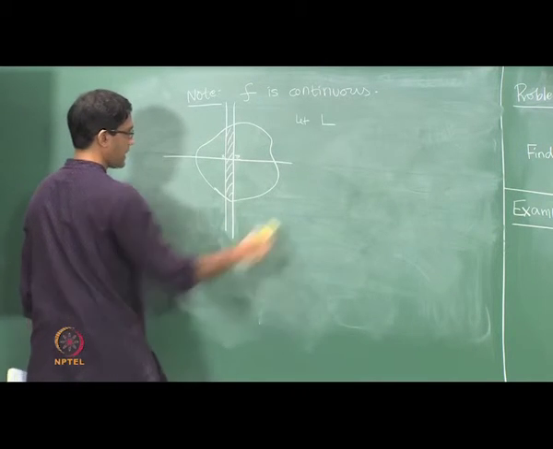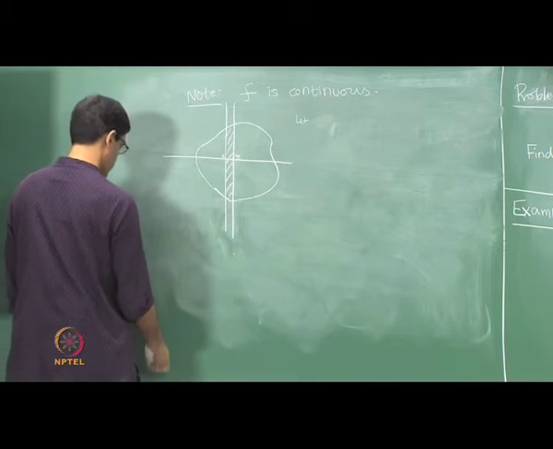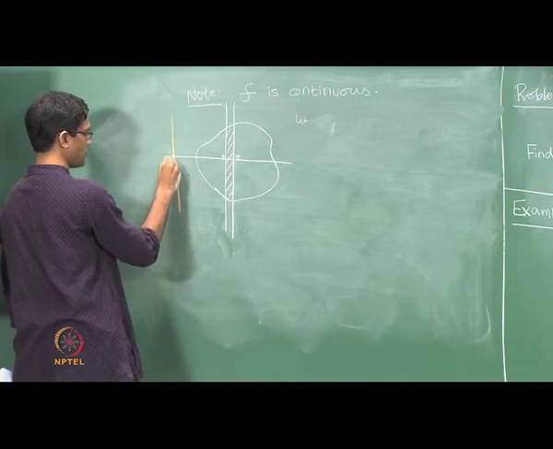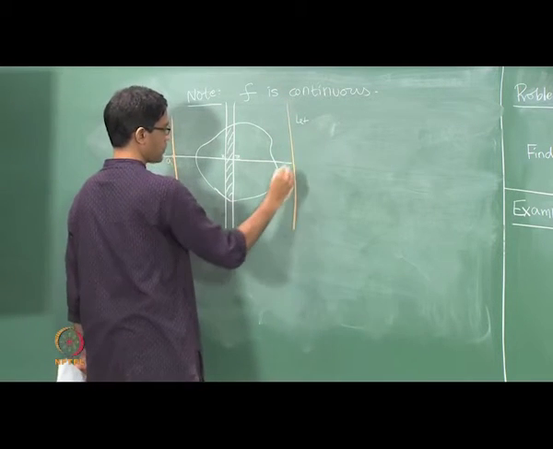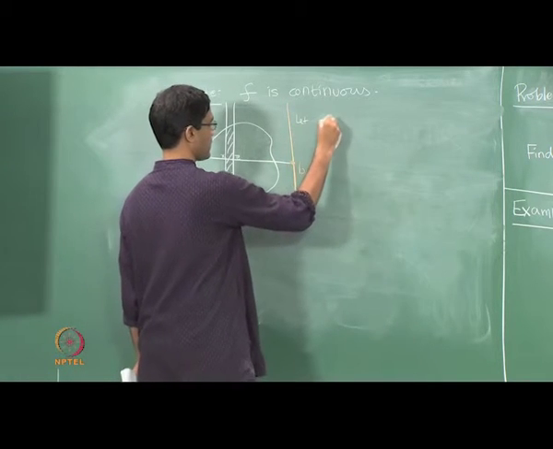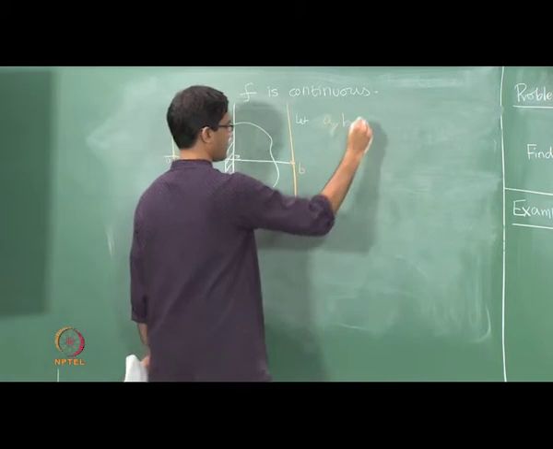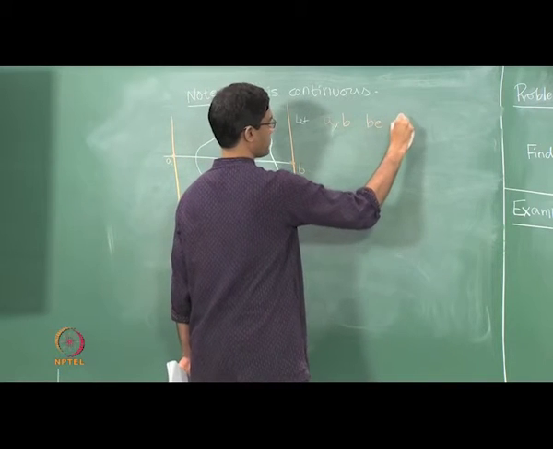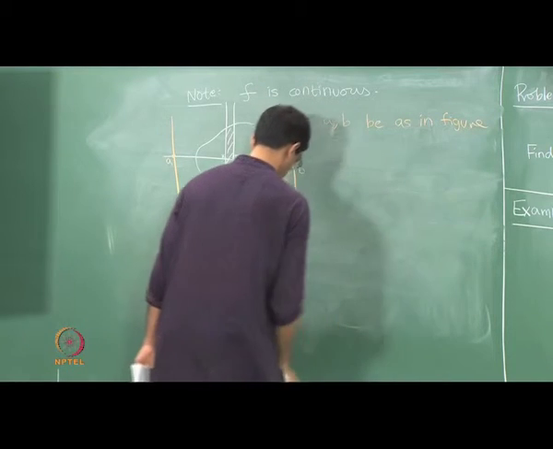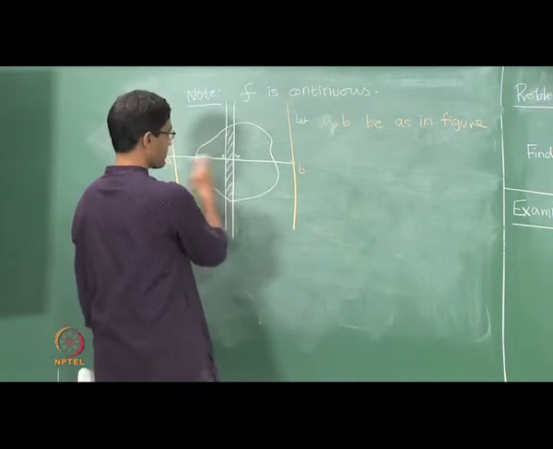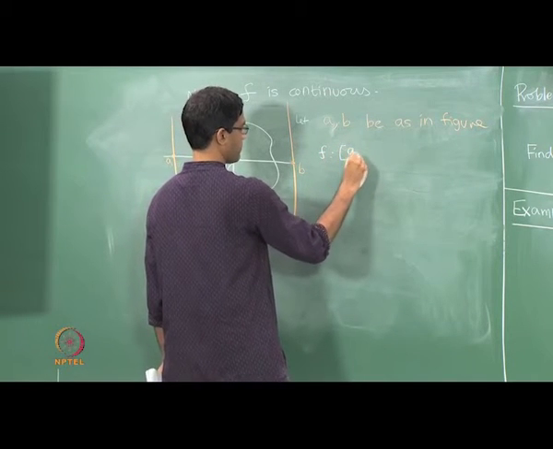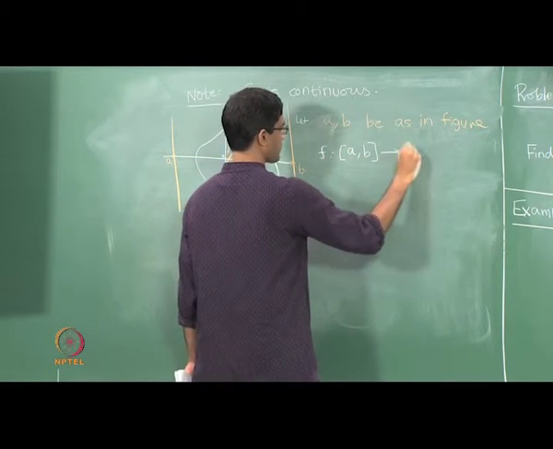Let A be some x value that's much to the left of this region R, and let B denote an x value which is much to the right of this region R, as in the figure. We will just focus on the interval between A and B, that is all we really need to worry about. So let us look at the function f as defined before, but only on the interval AB.